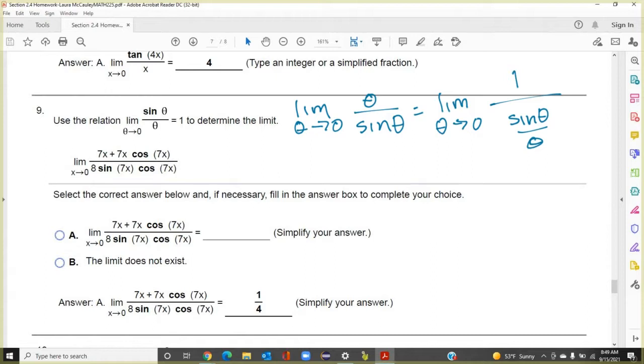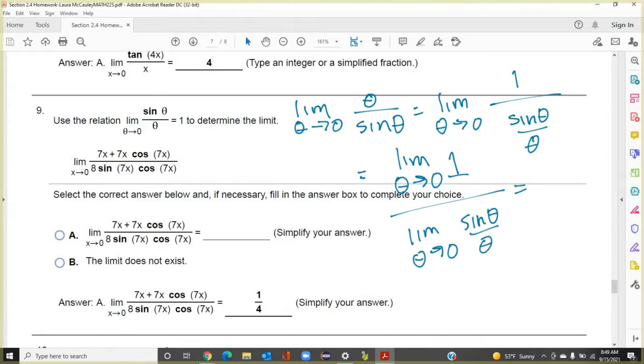You see how these are the same thing, dividing by a fraction, you would flip it and it would look like that. And then from our limit laws, we know that we're allowed to break this up. So the top here is 1 because it's a constant, and then the bottom is 1 by the theorem, so we end up with 1.